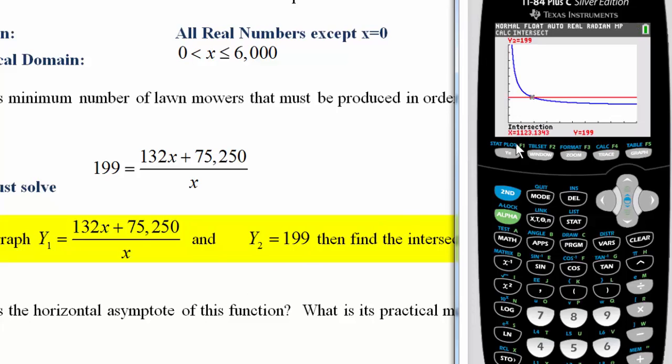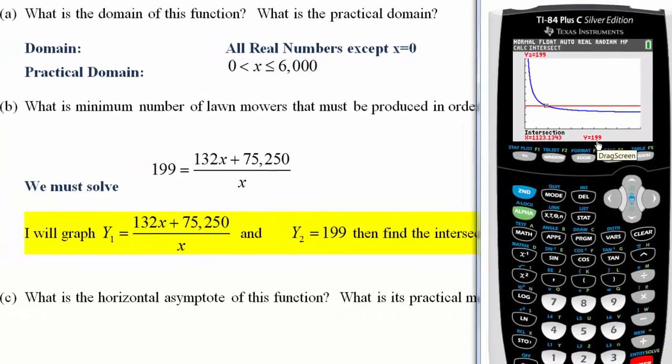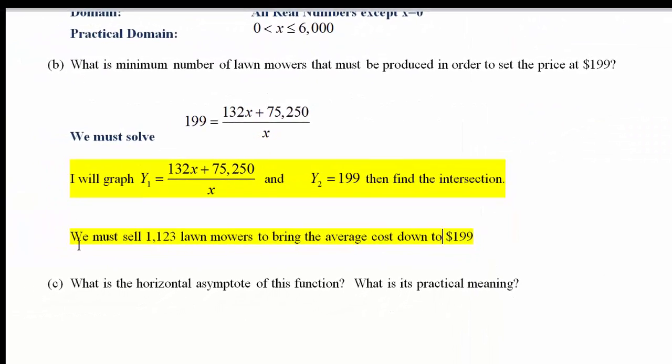So I have to sell 1,123 of these lawnmowers to bring my average cost down to $199. Or I really have to produce and sell that many. So here's my answer in words: we must sell 1,123 lawnmowers to bring the average cost down to $199. And I might even squeeze in produce and sell.